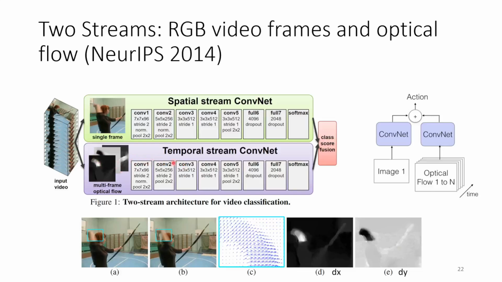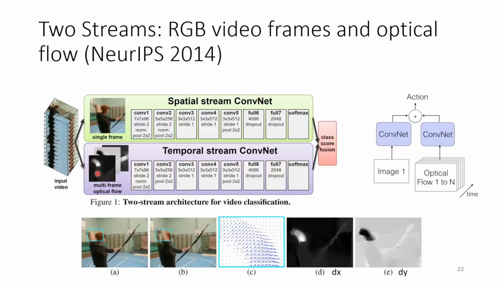This is the temporal stream convolution. Your input will be the dx and dy, and you will not only have a single pair of two images, you will have several optical flow frames. So what does it mean? For a specific frame, you will analyze its RGB or visual data, and you will also analyze its movement data.